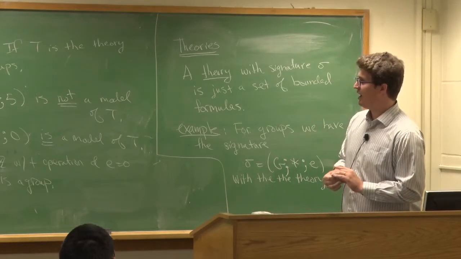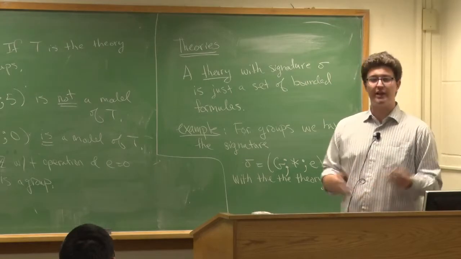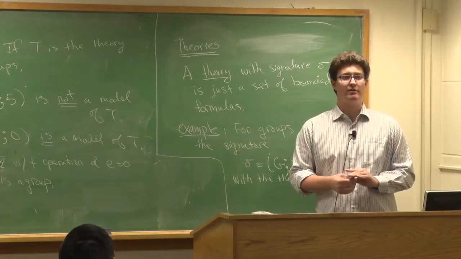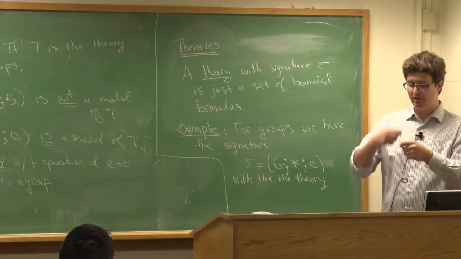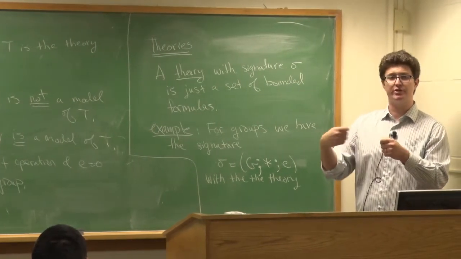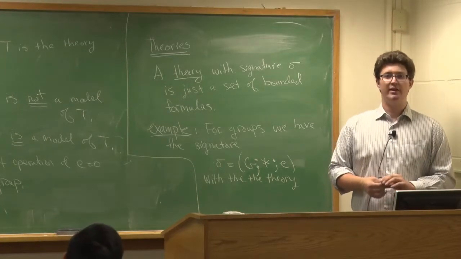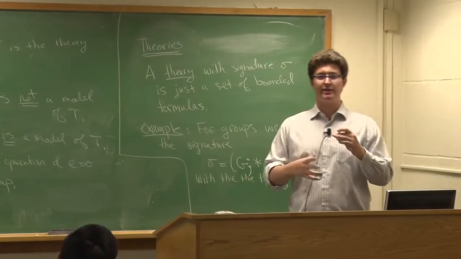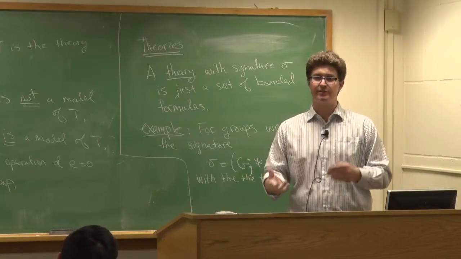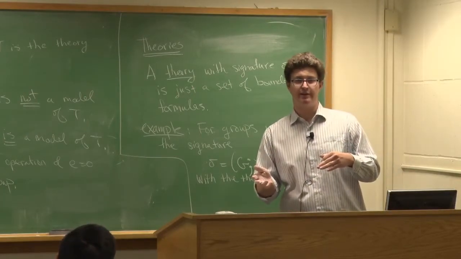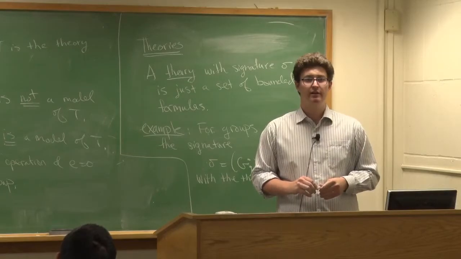So a theory is just a collection of formulas, and a model is a structure where all the formulas in the theory are true. That's it. So there's a lot of words. And so in the homework, I'm going to give you some examples, and you are going to say, is it a structure? Is it a model? Things like that.